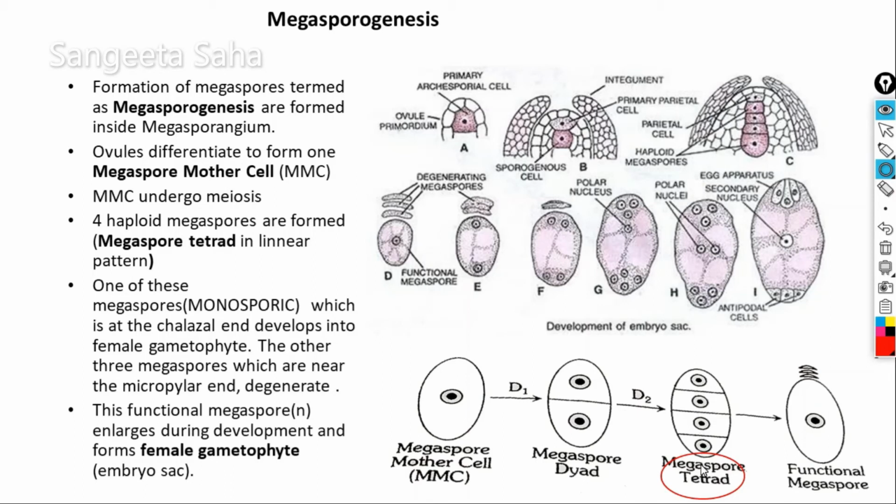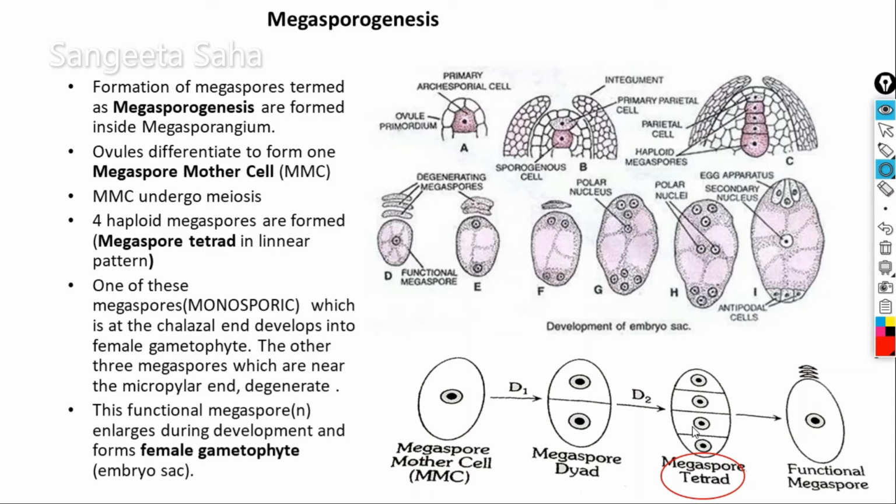Okay. Now, out of these 4 megaspores, one of them, that is monosporic, at the chalazal end, develops into the female gametophyte, and the other three megaspores, which are near the micropylar end, degenerate.